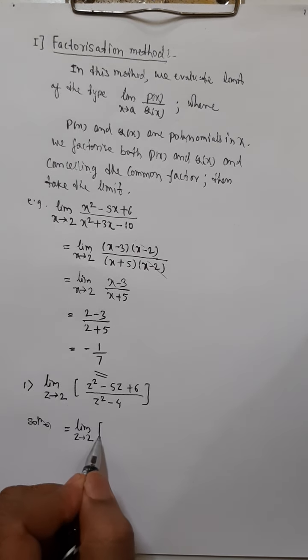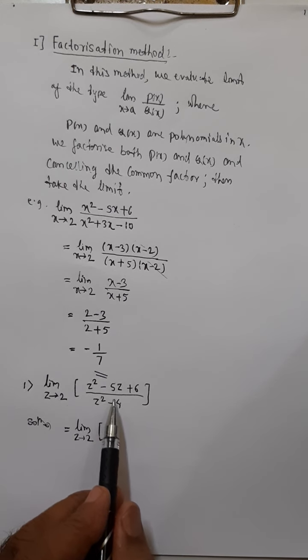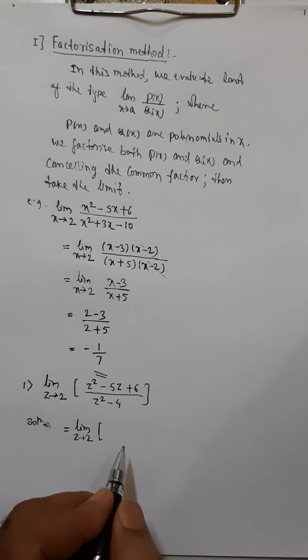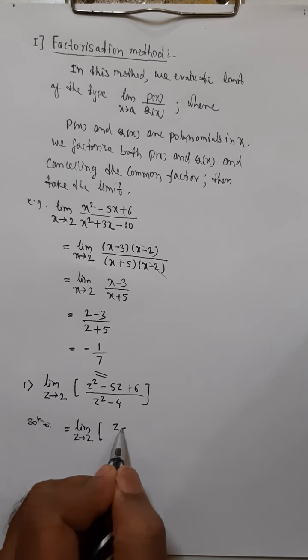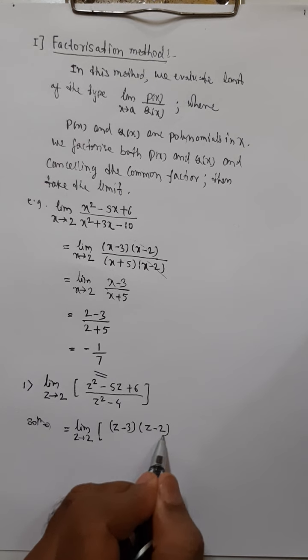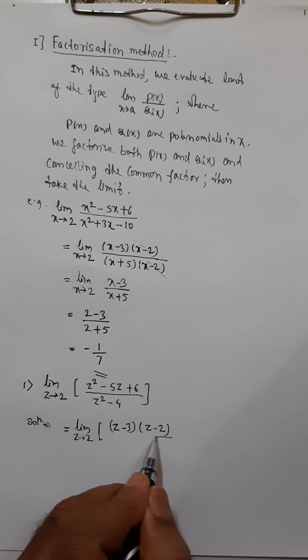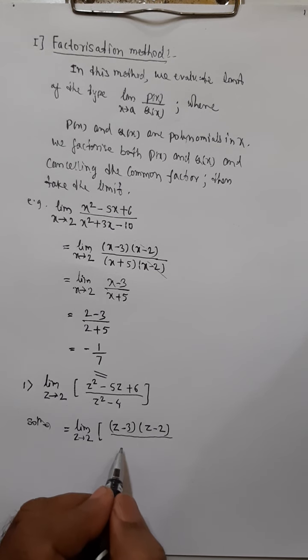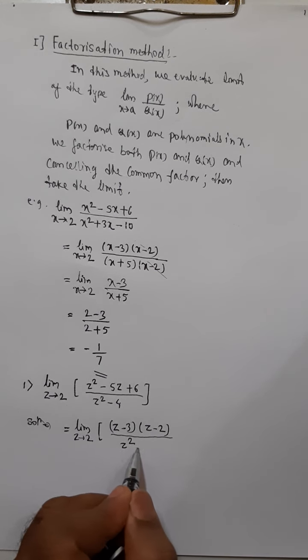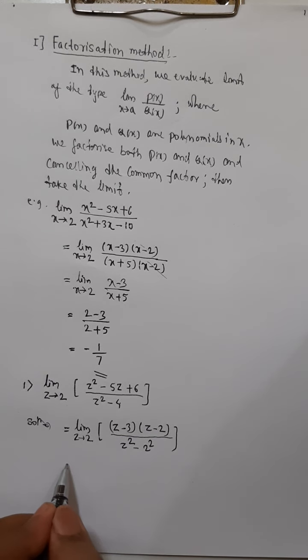We factorize numerator here, factorize 6 such that their sum is minus 5 and product plus 6. So factors are z minus 3, z minus 2: minus 3 minus 2 is minus 5, minus 3 into minus 2 is plus 6. And in denominator, we can write z square minus 4 as 2 square, and then apply formula a square minus b square.